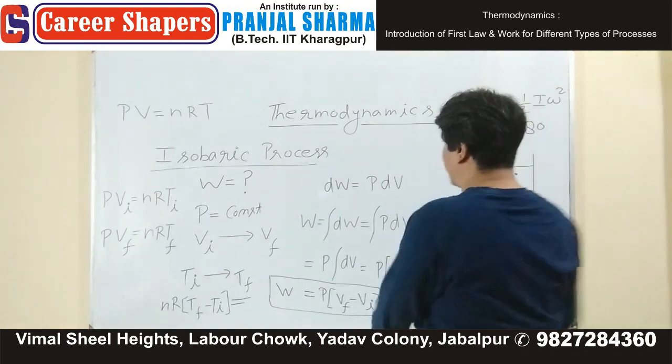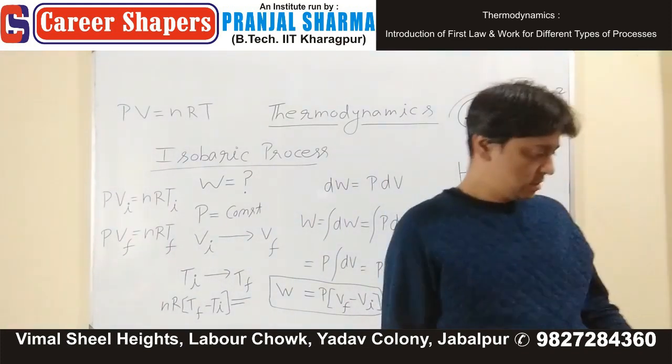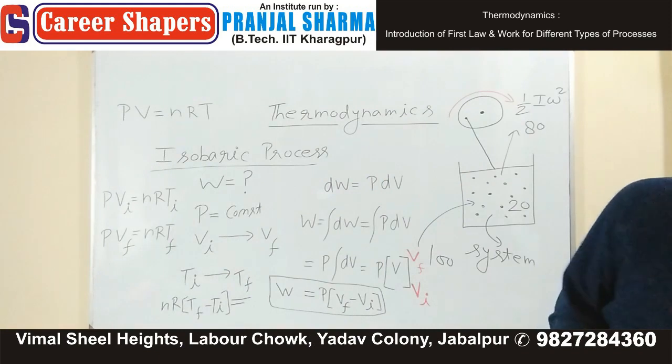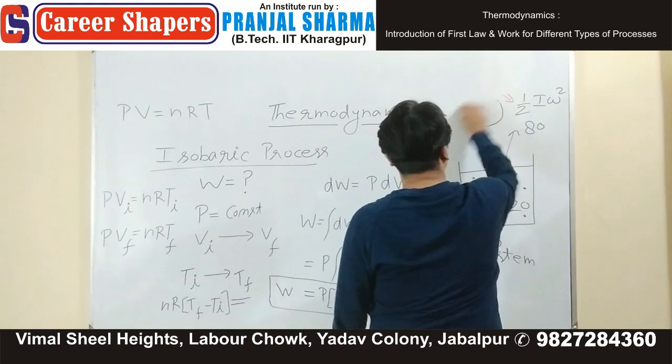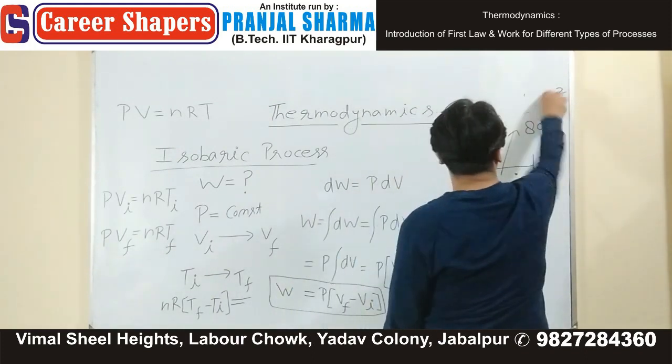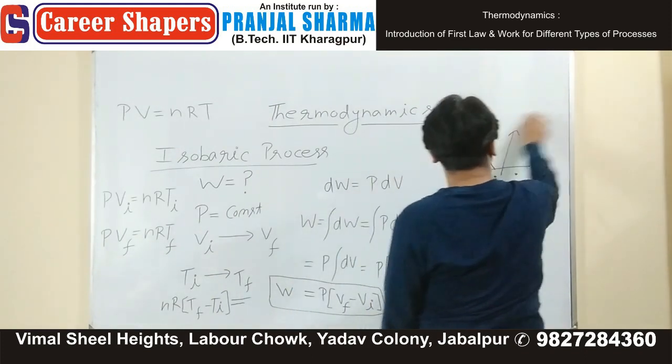So this was about isobaric. Now write down isochoric process. Isochoric means constant volume. So write down this.